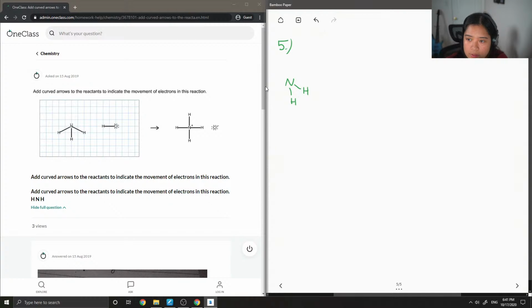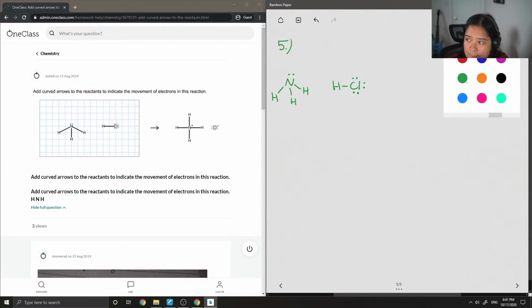This is ammonia. And then we have hydrochloric acid, HCl.